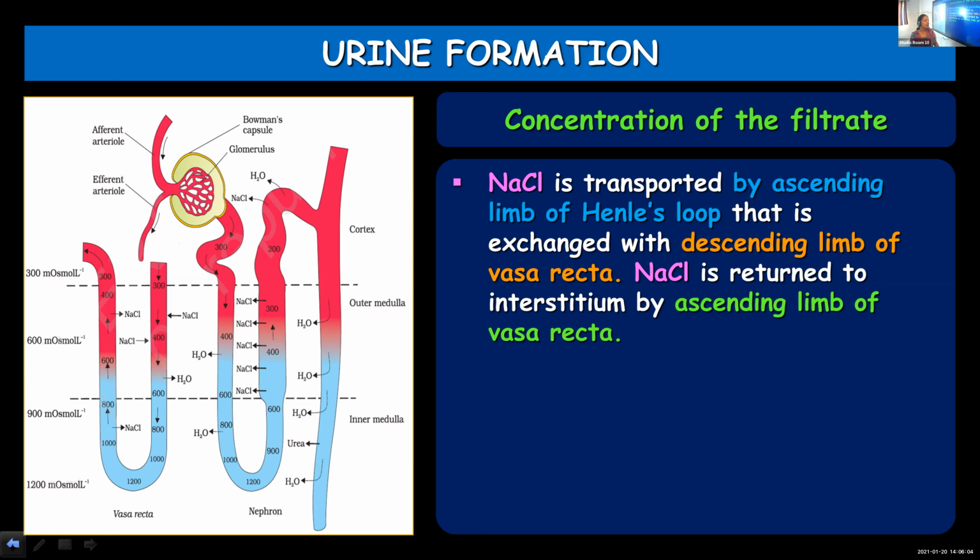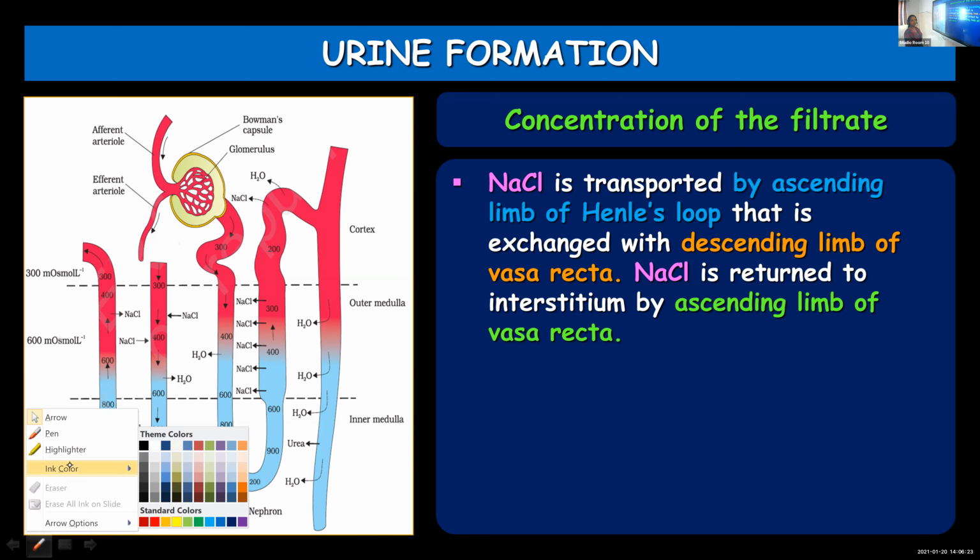Do you remember what we discussed? And the ascending limb is impermeable to water, permeable to electrolytes, that we had already discussed. So sodium chloride is released from the ascending limb because it is permeable to electrolytes. Water is impermeable, but it is permeable to these electrolytes.